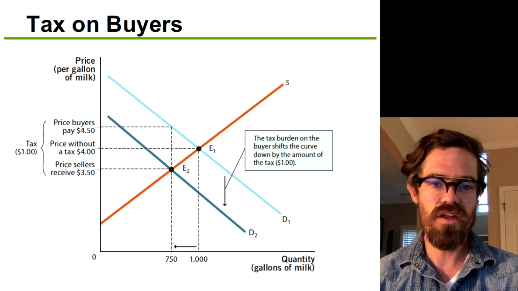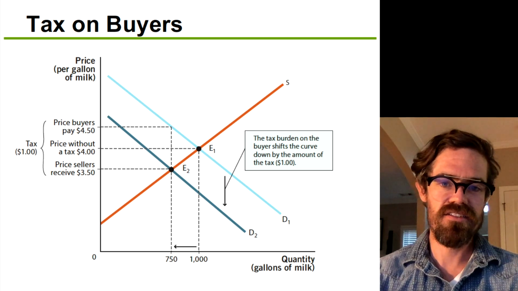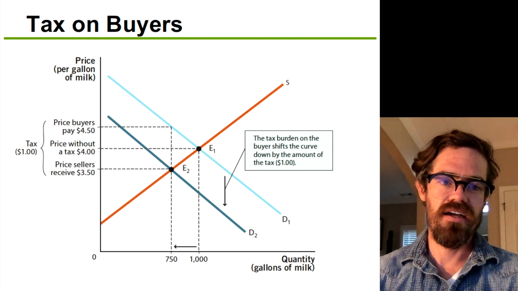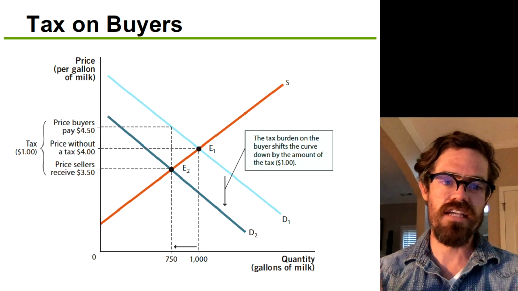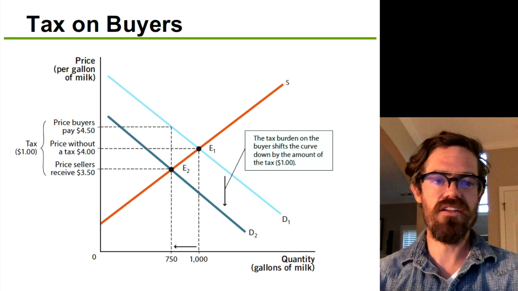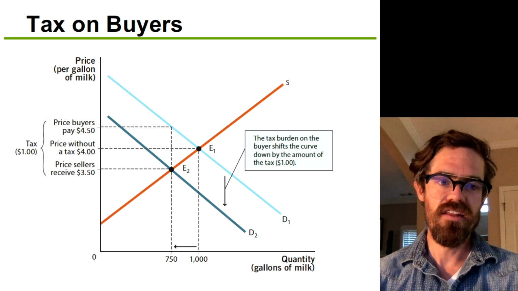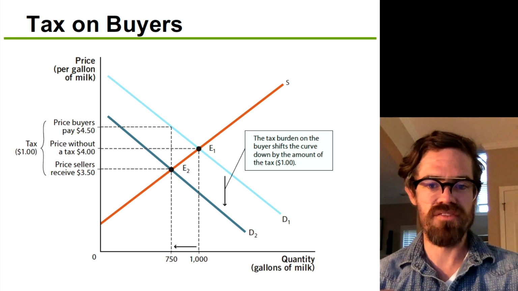So with the tax, in this example, the buyer is going to have to pay now a price of $4.50. And then if we take the $1 tax away from that, the seller receives $3.50, right? So the buyer pays $4.50, the government takes $1, and the seller receives $3.50.